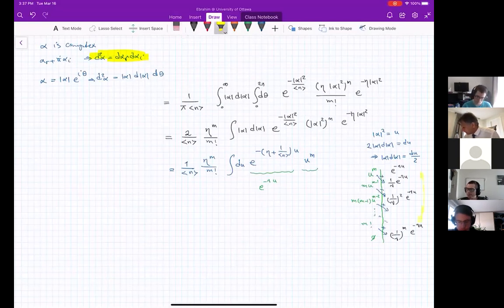All of those terms will be 0. Just the last term won't be. And finally, what you will get is 1 divided by n eta power of m divided by m factorial. Then you get m factorial divided by gamma power of m. Okay?